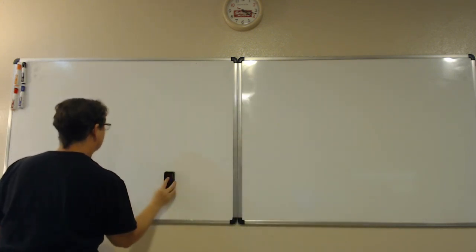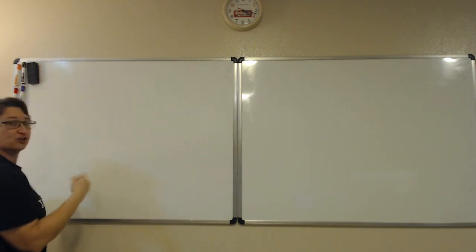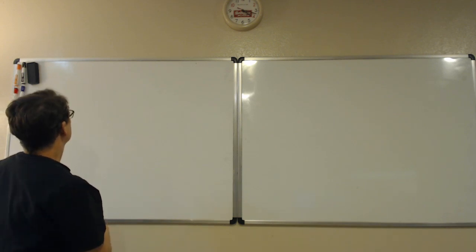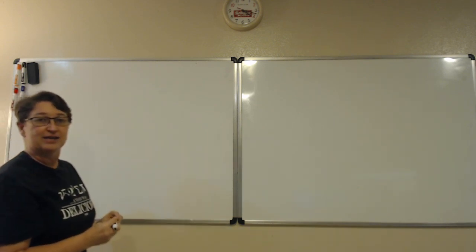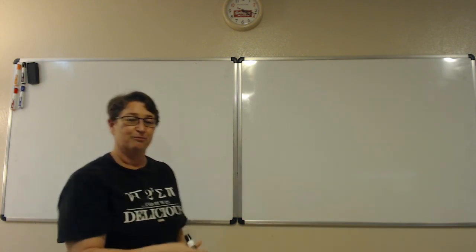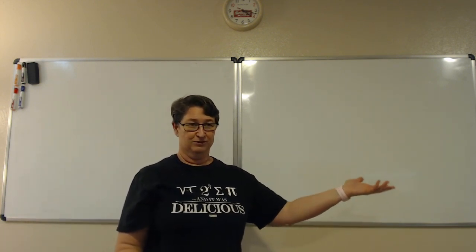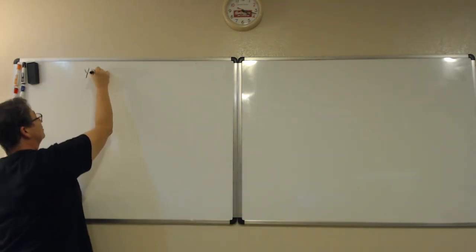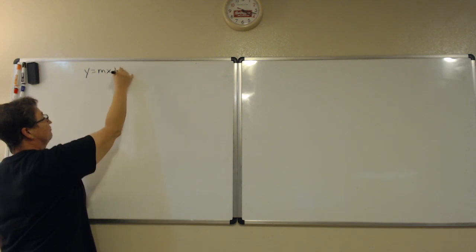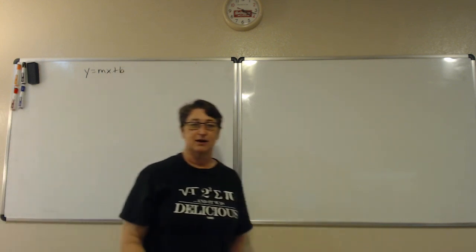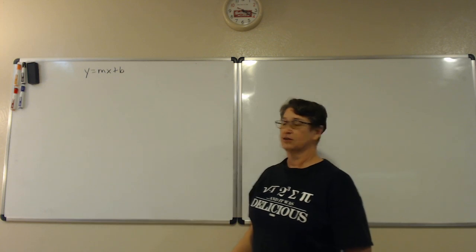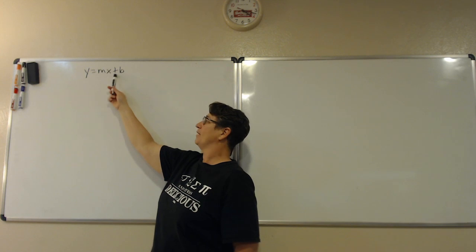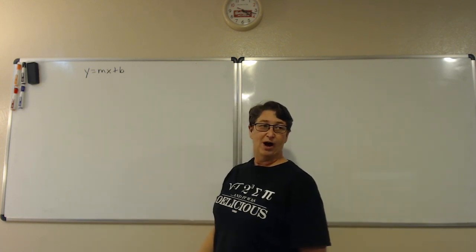Our first one is our linear function, and we've actually already graphed linear functions. So remember, when I talk about linear functions, back before spring break, maybe you remember that y = mx + b form, that slope-intercept form of the linear function, where the m was the slope and the b was our y-intercept.